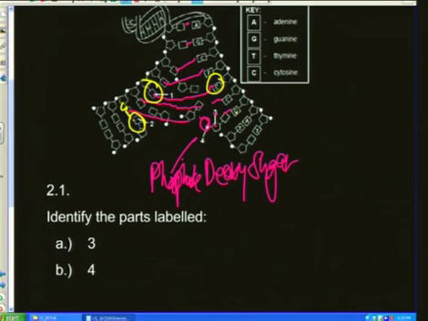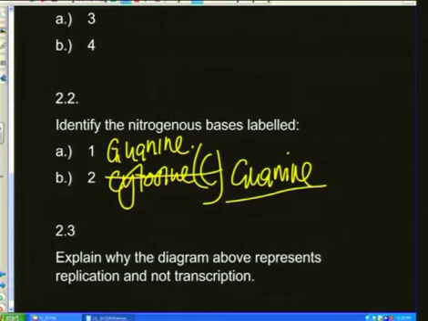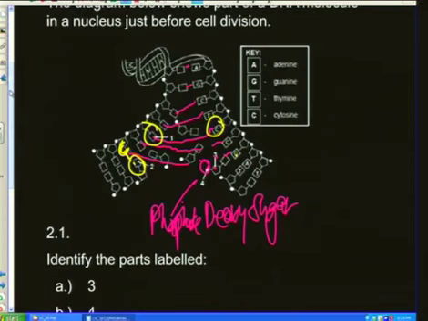This will have to be C. Sorry, let me change my answer there. This would be C, not G. So this must be G, again another guanine. Sorry about that. I looked at the nitrogenous base above. Now, remember, you need to match those bases, and you would have counted 1, 2, 3, 4, and make the match that way as well.